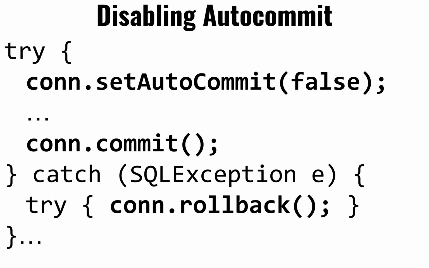We never made it permanent. If anything happens here, say we have 10 operations to do, and on the 5th operation we get an exception, we're going to jump into the exception handler here and roll back, meaning all those 5 operations that were successful, I'm going to throw them away as if they never happened. Go back to my previous, consistent state.